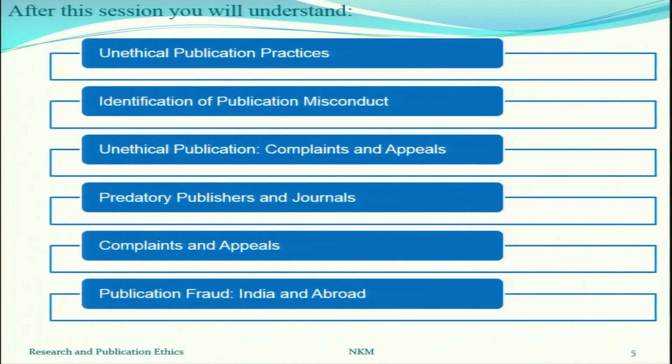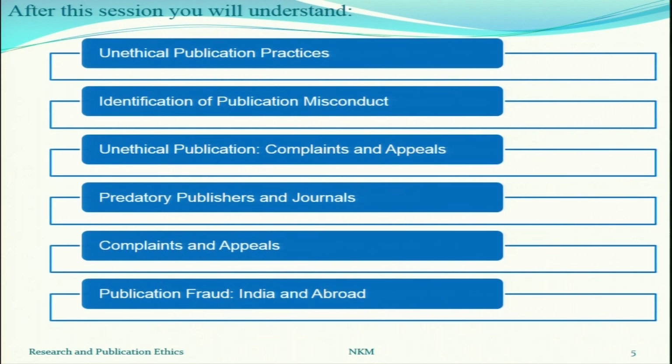After this session, learners will try to understand unethical publication practices. They will be able to identify publication misconducts. So far we have developed that kind of understanding in this course. Then they will come to know about unethical publications.